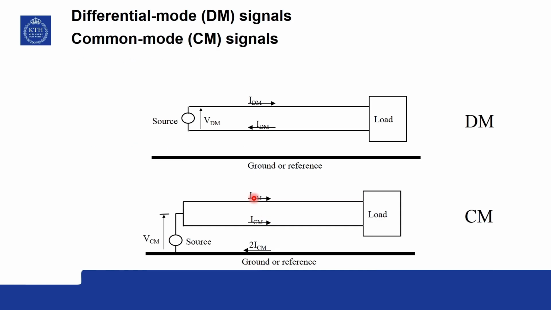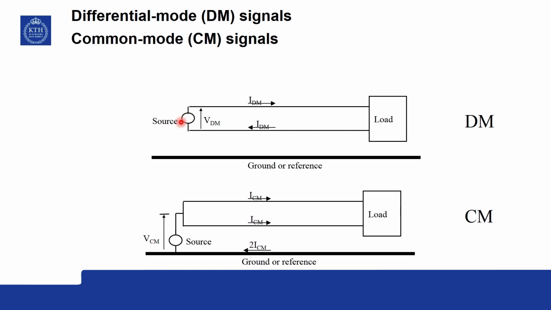Now, another concept we will see very often and which has got a great significance in EMC is differential mode signals. Differential mode means that difference. What is that? And also the common mode signals. Say in the first picture over here, you have a source and you have a load.